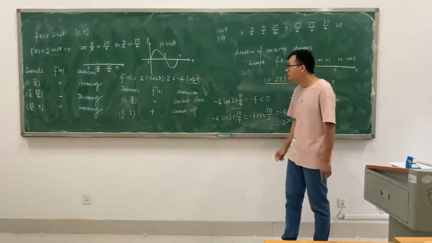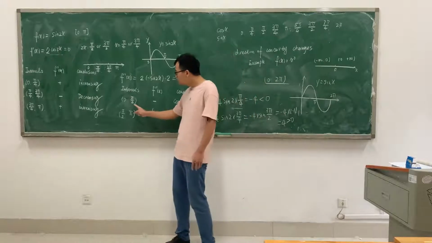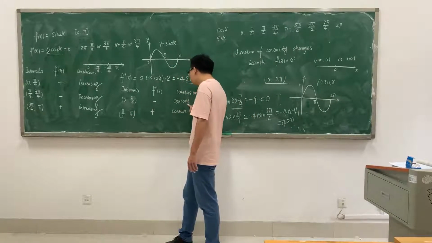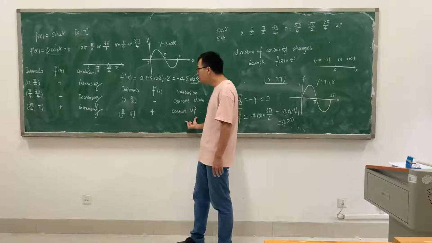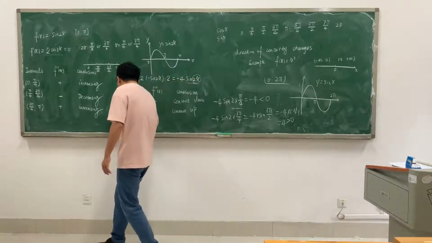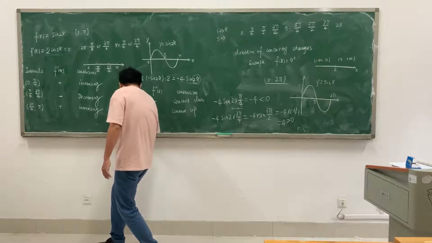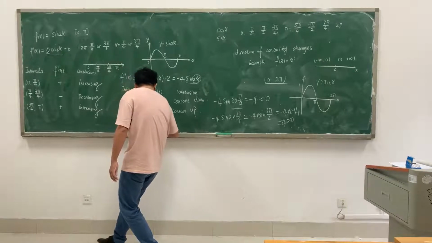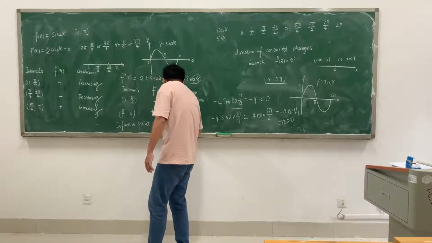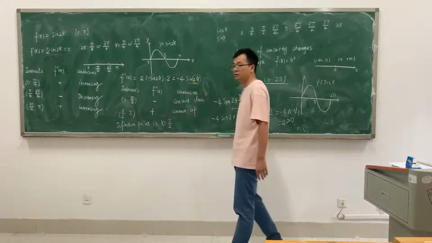So now we can see on the left of 1 half pi is concave down, on the right of 1 half pi is concave up. So the inflection point is what? The inflection point is x equal to 1 half pi, yeah?